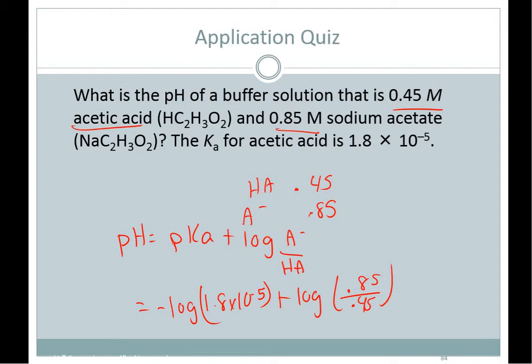Negative log 1.8 times 10 to the negative 5 plus the log of 0.85 divided by 0.45. And you should get something right around 5.02 overall.